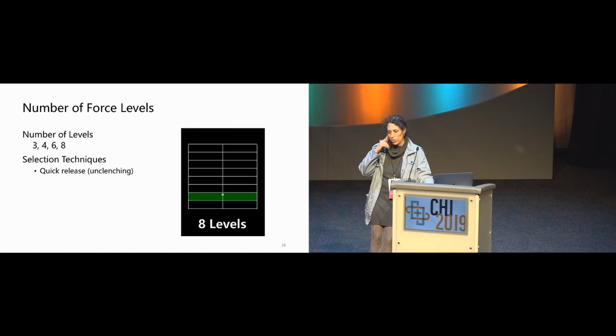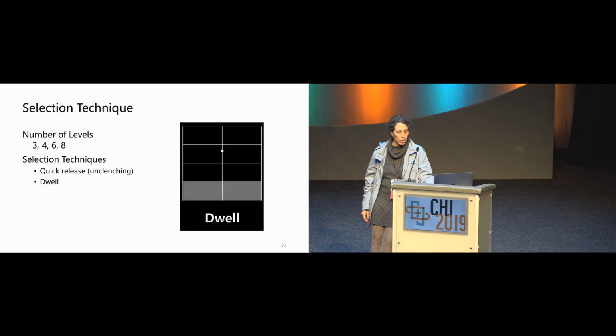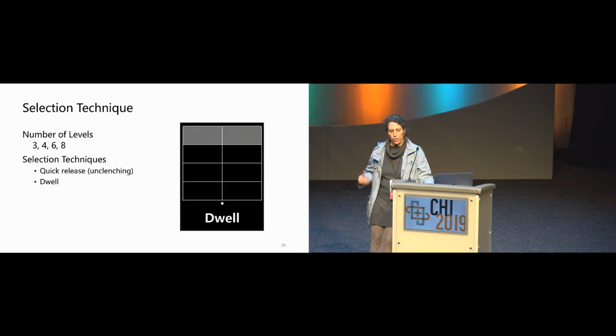And in these examples what you're seeing is what we call quick release, which is to say that when the user achieves the level that they were aiming for, they just let the force go down to 0 by opening their mouth. We also explored other techniques for how to indicate the end of selection. So, for example, the dwell technique involves staying in the region for a full second.